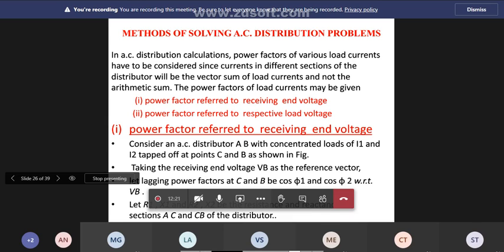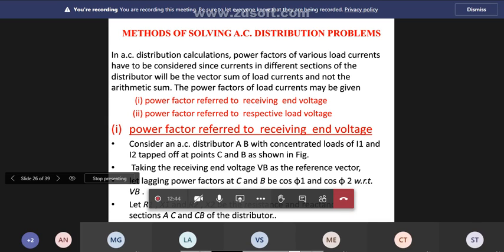In AC distribution calculations, the power factor of various load currents may be considered in different manners.